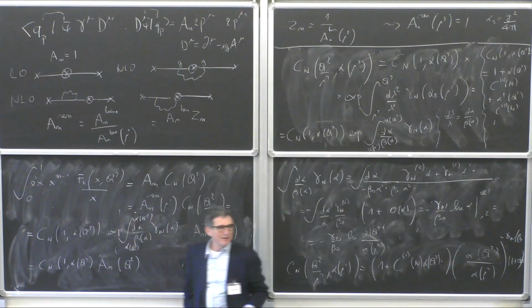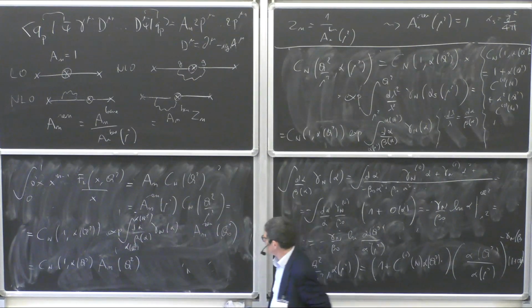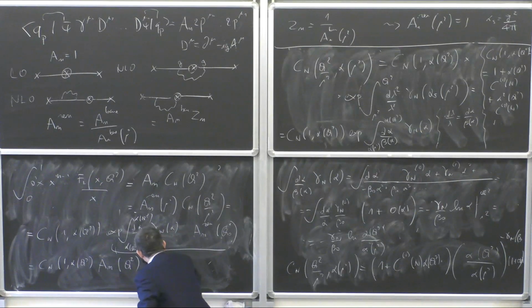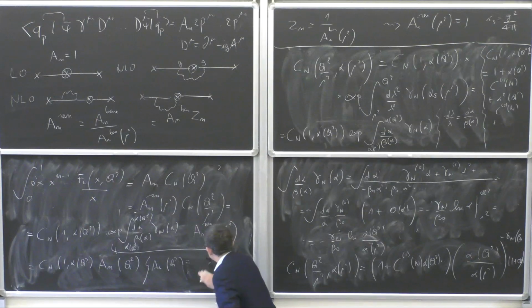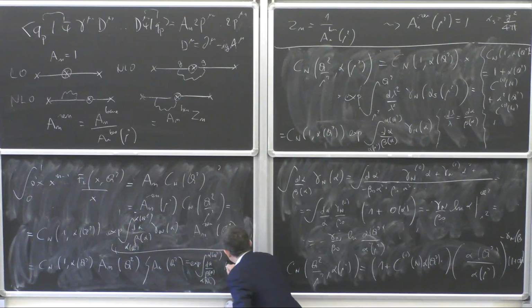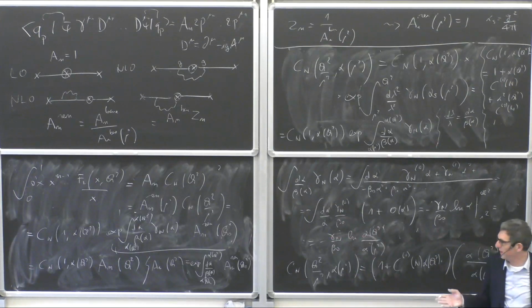And what's the matrix element An evaluated at q square? Well, it's this guy here. So An of q square is equal to the exponential of the integral of d alpha over beta of alpha, from alpha of q naught square to alpha of q square, times An renormalized evaluated at scale q naught square, where q naught is just some reference scale.